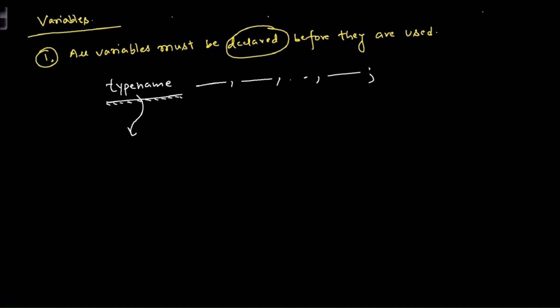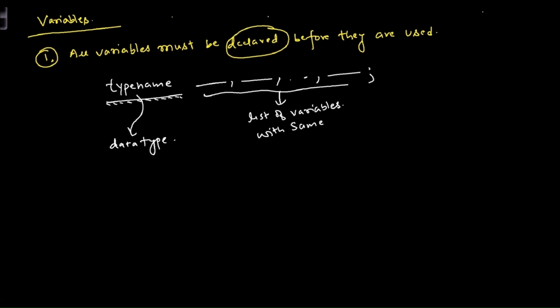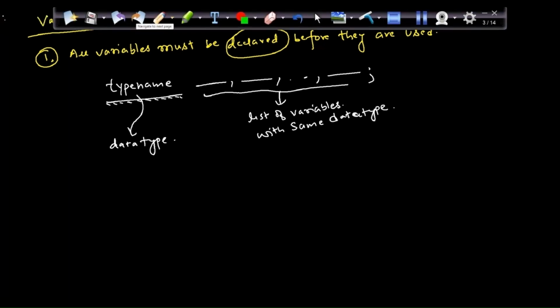Basically, type is the data type, and this is the list of variables with the same data type. So this declaration is also one of the statements.